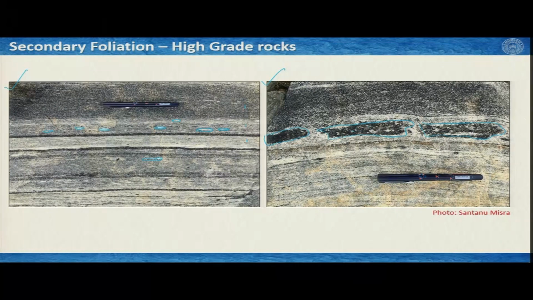So, these are some dark minerals, and here again you also see the features we saw here. You also see this kind of features, and this clearly defines that these are your secondary foliations and so on.